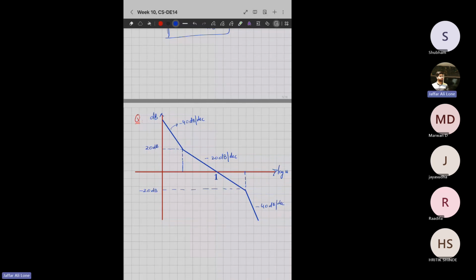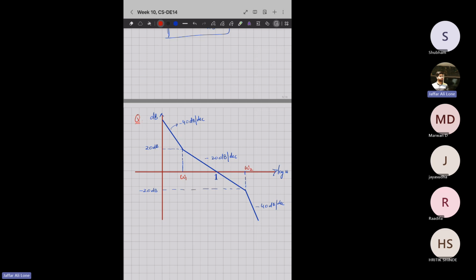Okay, so let me mark this as omega 1, this as omega 2. So there are basically two corner frequencies. Corner frequencies are the points where my slope changes. One is omega 1, other one is omega 2. So now try to formulate the transfer function.